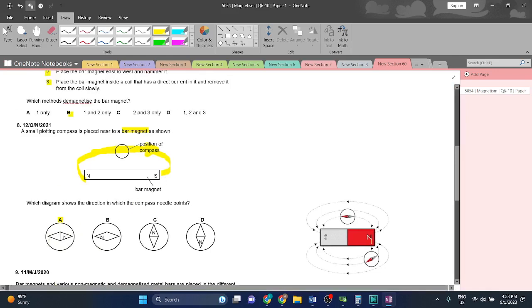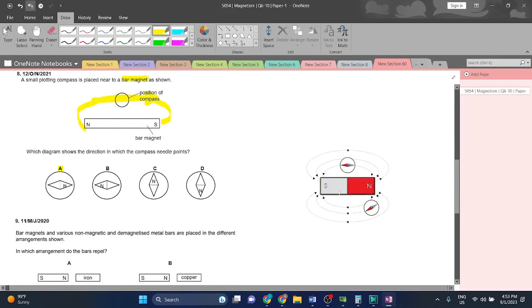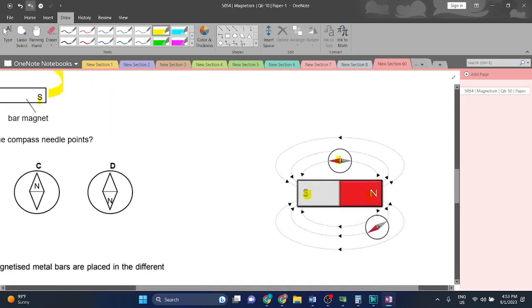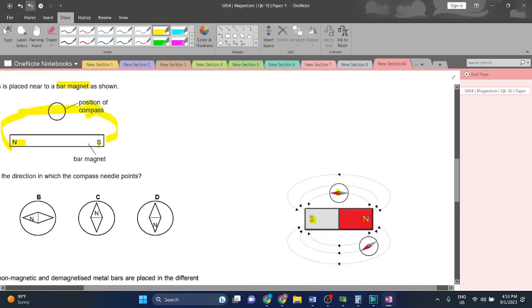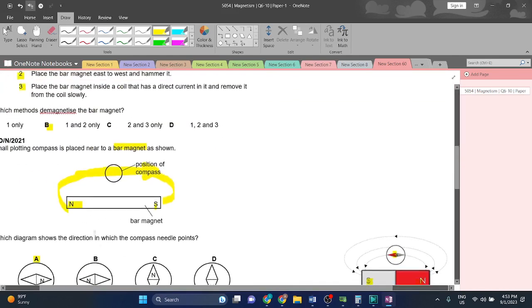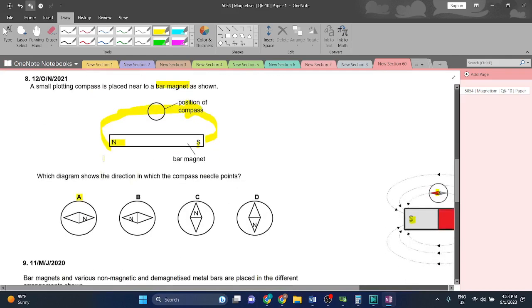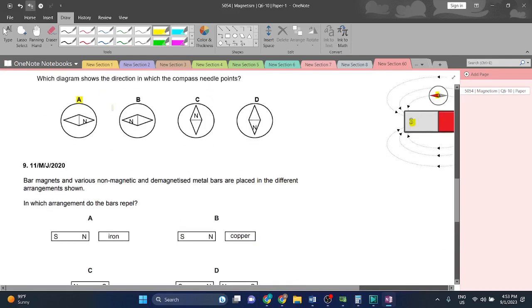It will point here. If you look here, you would see there is a similar thing going on, but it is south and then north. Here it is north and then south. It is just opposite but the same diagram. If you look here, this will be north and this will be south, so it is completely opposite to what is in the diagram shown in the question. If you examine it a little, that would conclude the answer to be A.